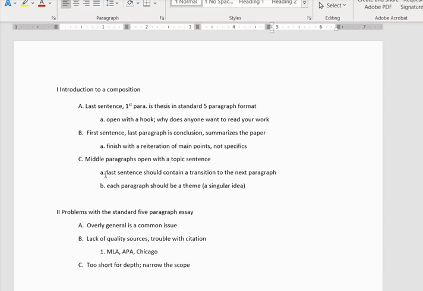After I've done this, I now have the next part of the paper. In this case, it's problems with the standard 5-paragraph essay. There are a significant number of college instructors who are not always thrilled with the 5-paragraph essay. One of the problems is that the 5-paragraph essay tends to be very generalized. That's not necessarily inherent to the 5-paragraph structure.